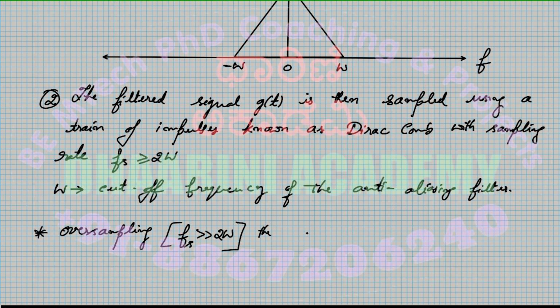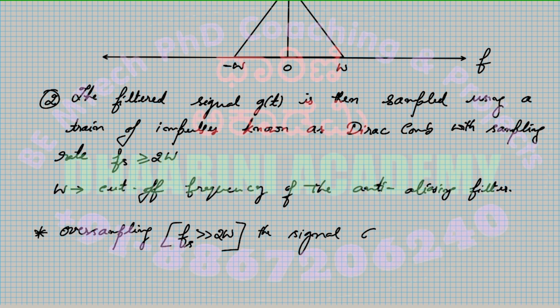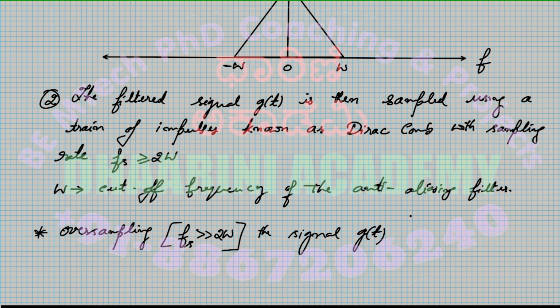Oversampling the signal, I'll write in the time domain itself, that is g of t. Oversampling the signal g of t helps the reconstruction.